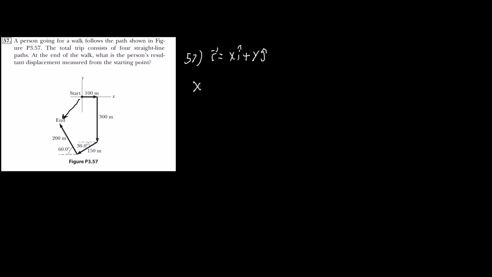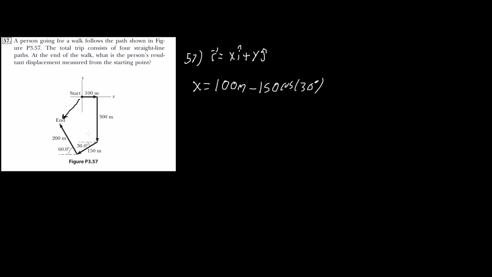I'm treating these as variables. So x is going to be 100 meters, because we can see that this goes 100 meters in that direction, minus 150 cosine of 30 degrees.